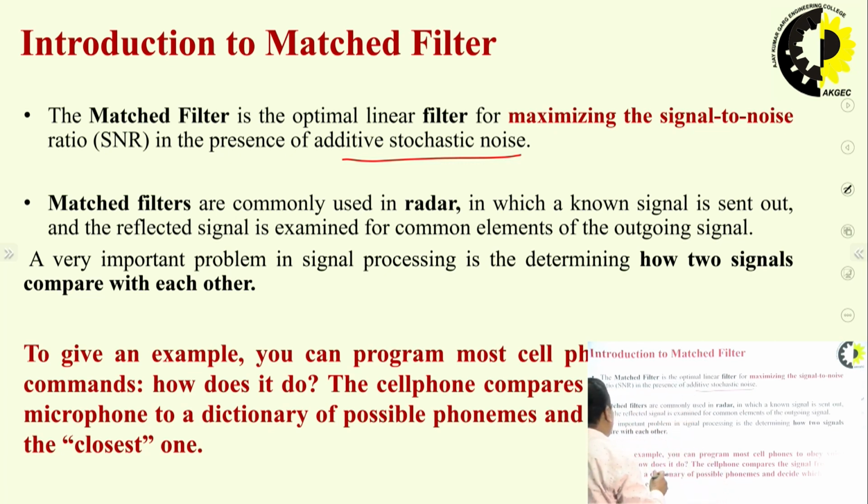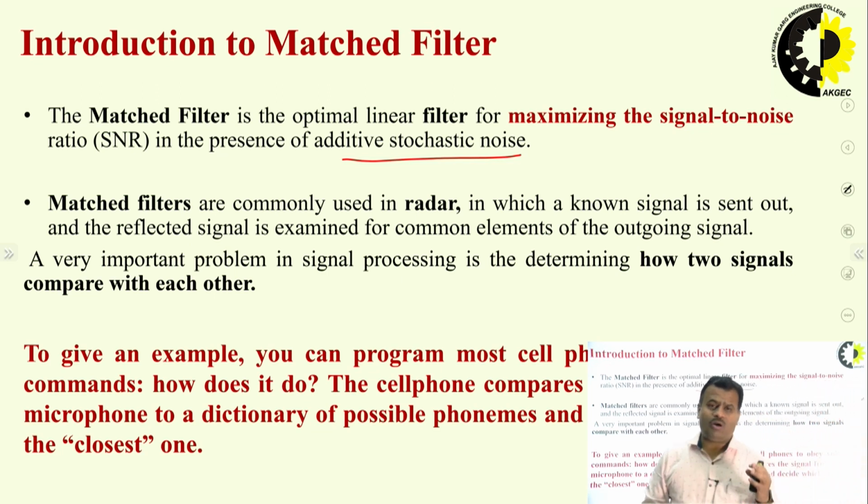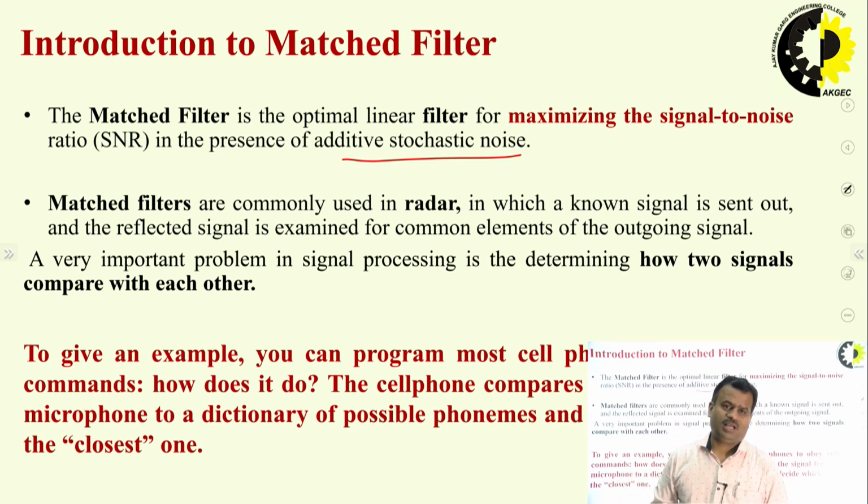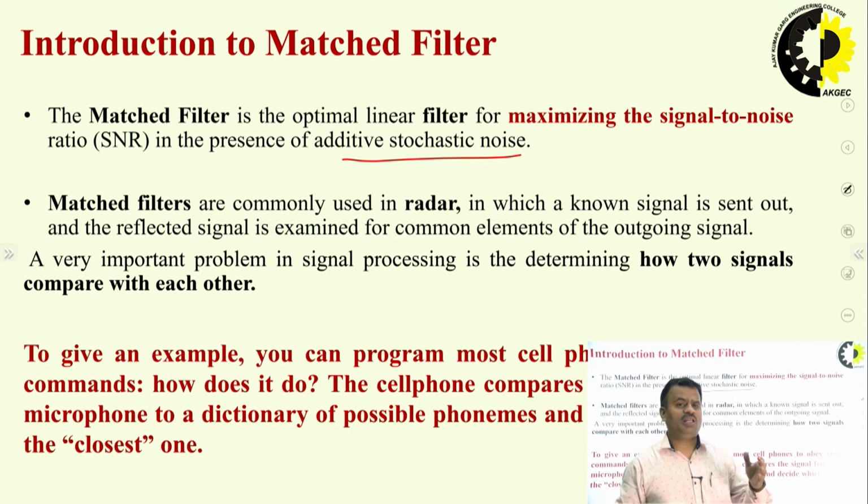A very important problem in signal processing is determining how two signals compare with each other. It is very important in a digital receiver. Always you have to estimate the ones or zeros after comparing the signal. How do you compare? You compare your incoming signal and your reference signal.